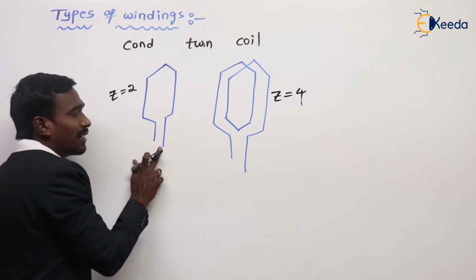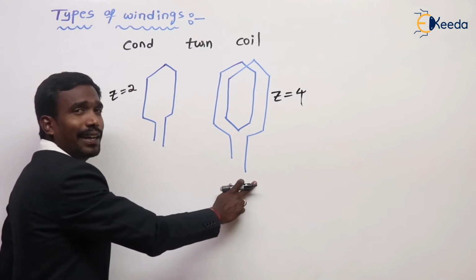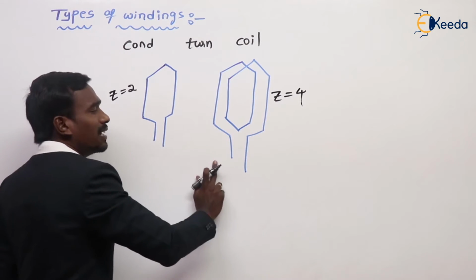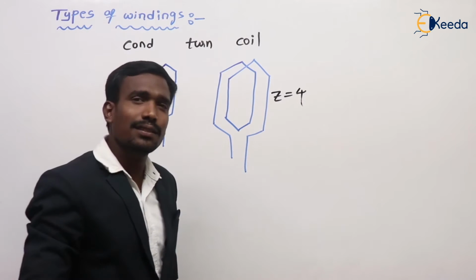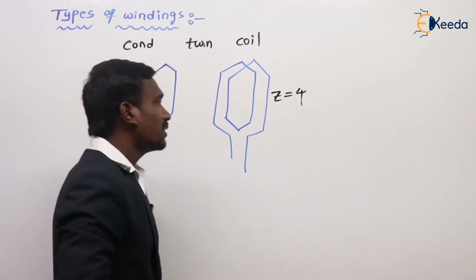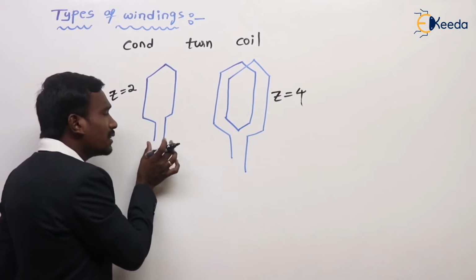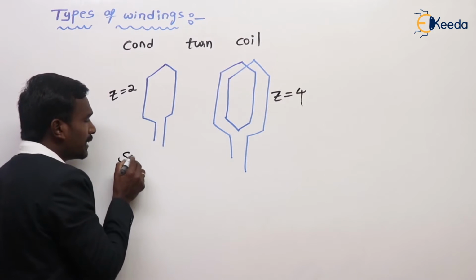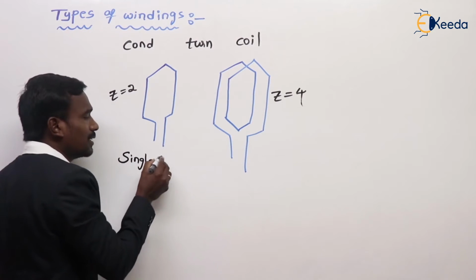How many turns are there? How many coils are there? This is the question. Actually, this is called a single turn coil.